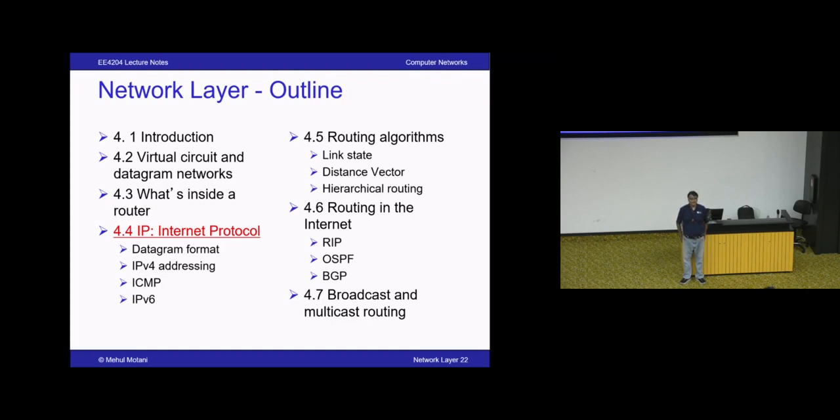Is there any kind of address at the link layer? Yeah, there's this MAC address, right? This MAC address is determined by the manufacturer, but it's a field in the link layer header. Okay, network layer uses IP addresses. So let's talk about IP protocol here.